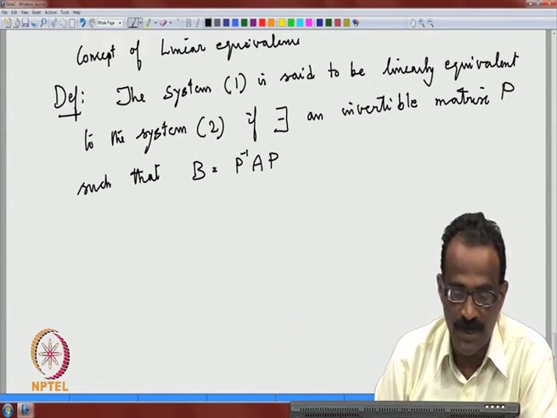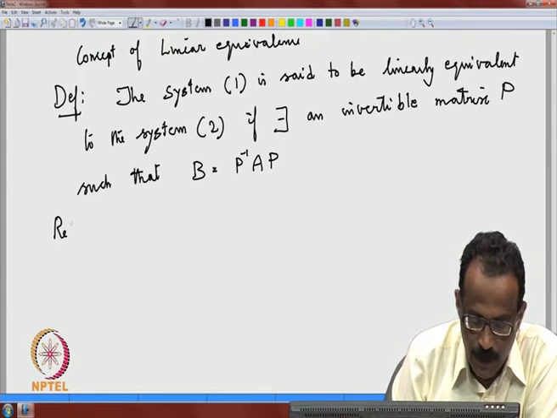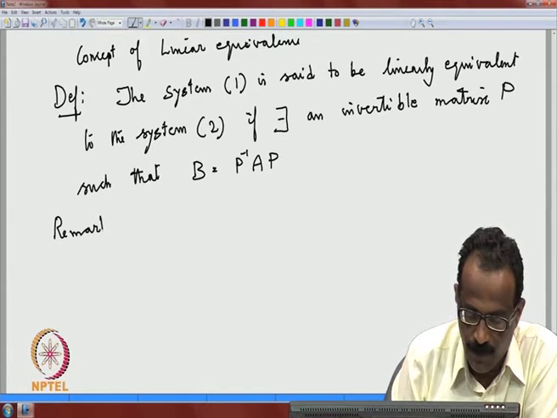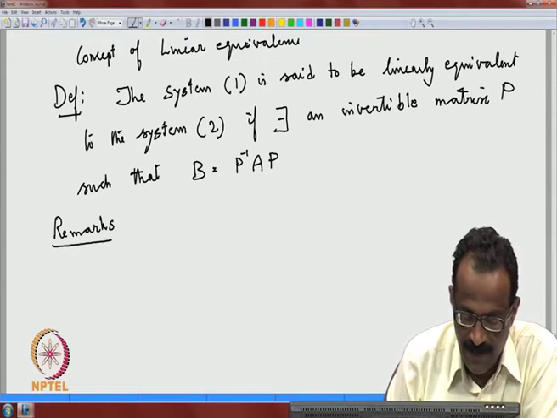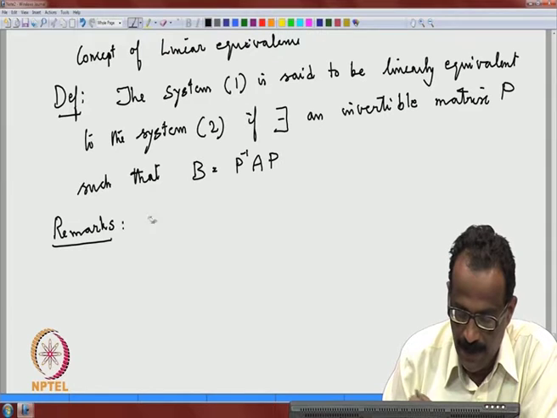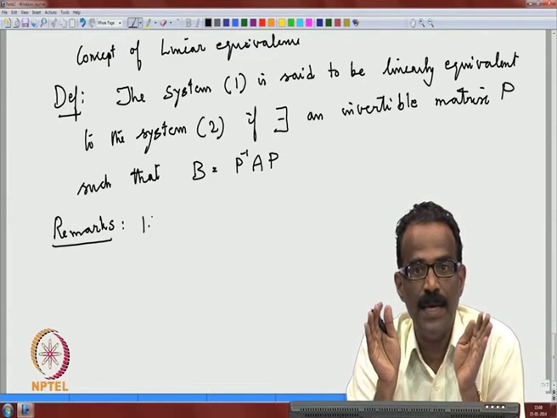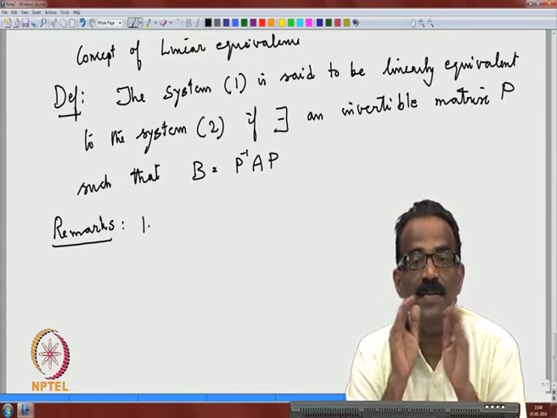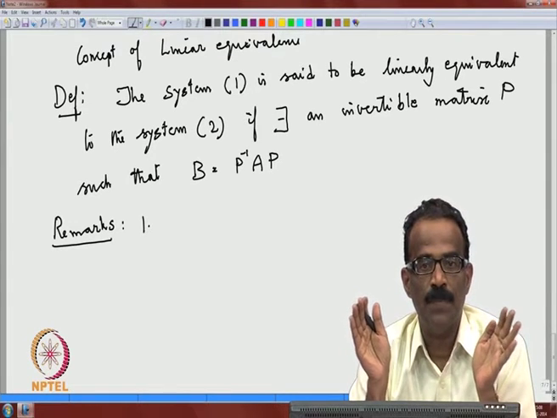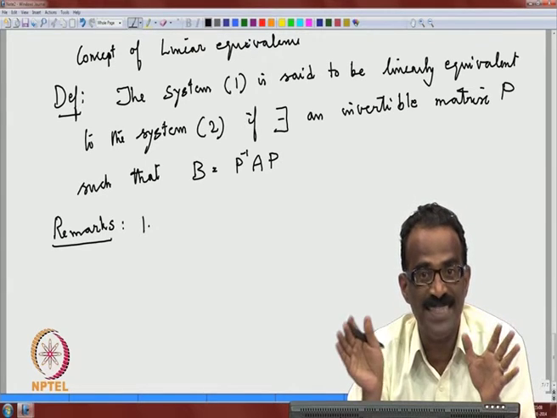What is so important about it? The important thing, which you are going to see soon in the next lecture or coming lectures, is that under linear equivalence, the nature of the equilibrium points or the stability of the trajectories do not change.